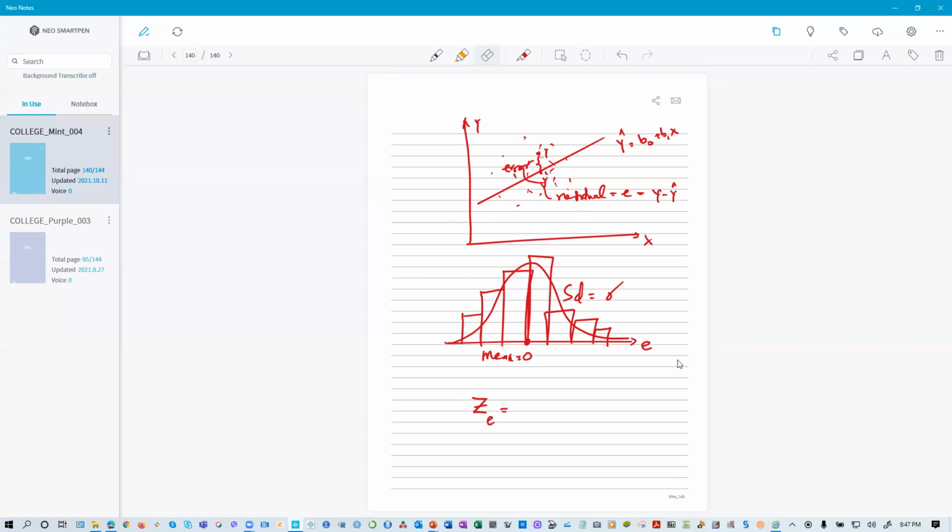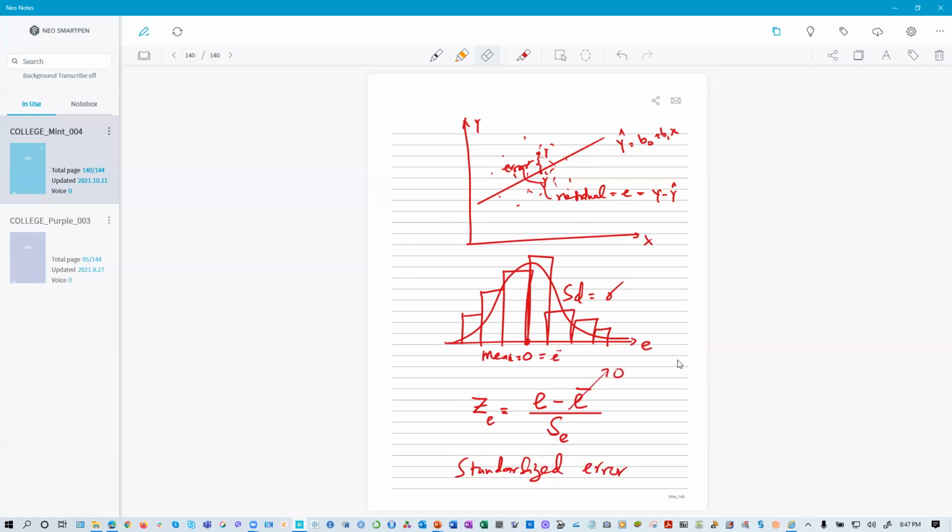How do you standardize error? You go to the error term, minus the mean of error, divided by the standard deviation of error. That's how you standardize error. Error has been standardized. That means e bar is 0.